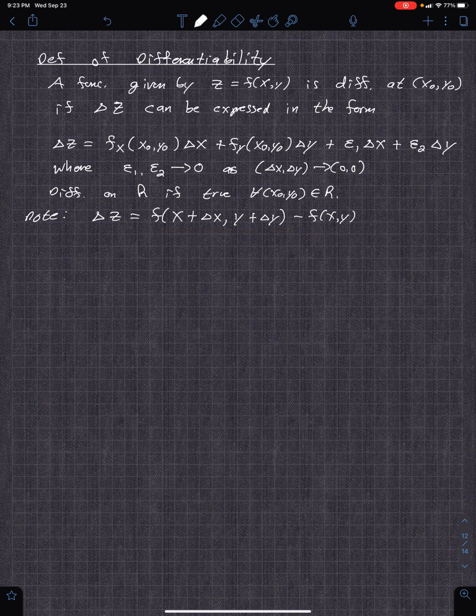Okay, so this is what I want us to be able to do, use the definition of differentiability to show f is differentiable. So let's take a look at this. Show a function is differentiable.